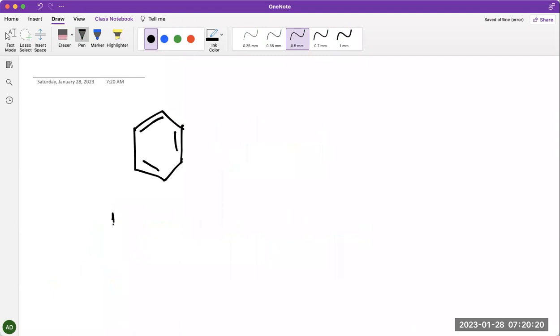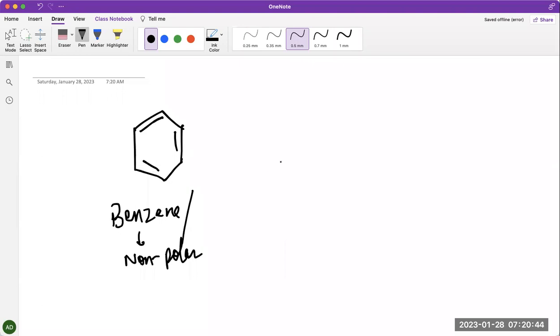We have seen this before. This is called benzene. Benzene is a very important organic molecule. It's a highly non-polar solvent, and it is a very stable molecule. So what you're seeing is, again, cyclohexane, but with alternate double bonds.